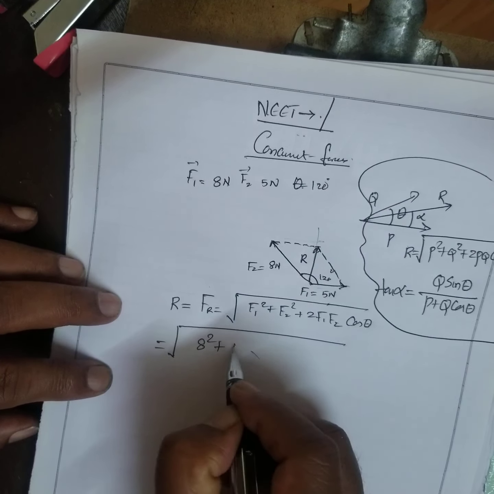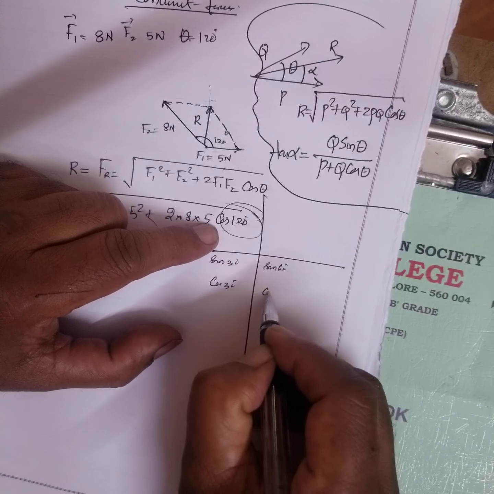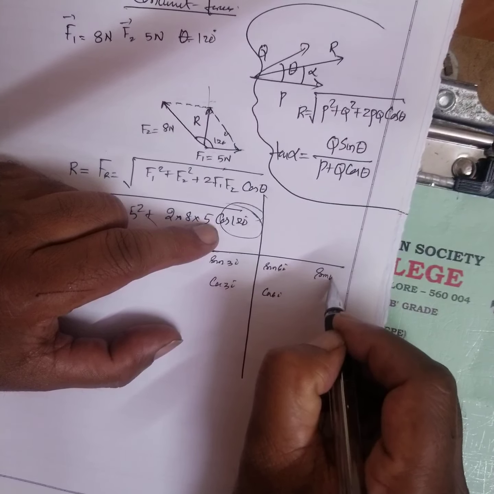Anyway, here you remember sin 30 cos 30, sin 60 cos 60, sin 45 cos 45. I told them to remember only this. Sin 30 is half, cos 30 is root 3 by 2. Sin 45 and cos 45 are both 1 by root 2.